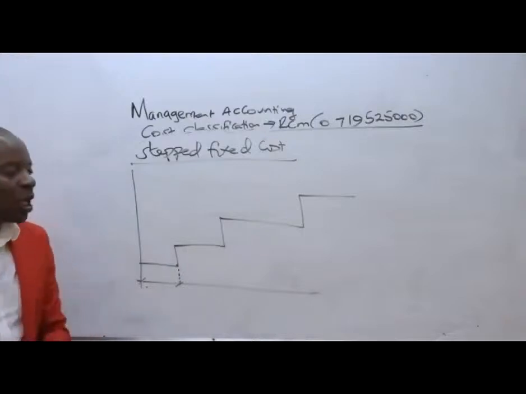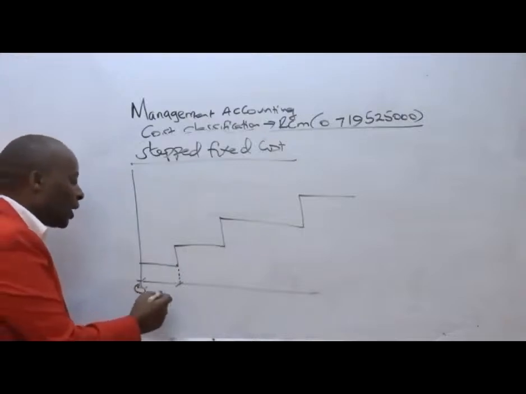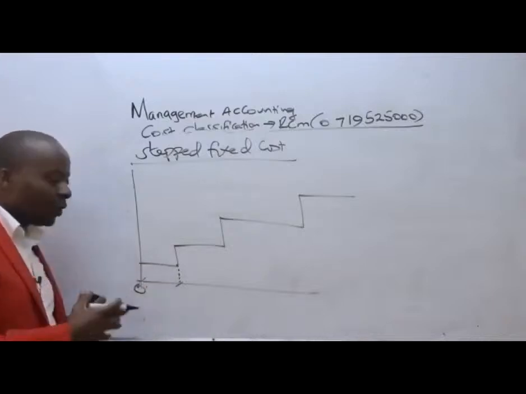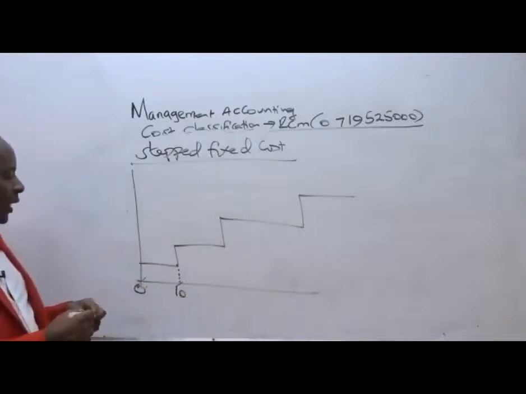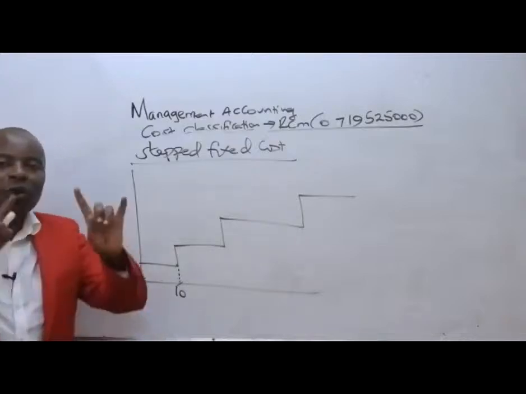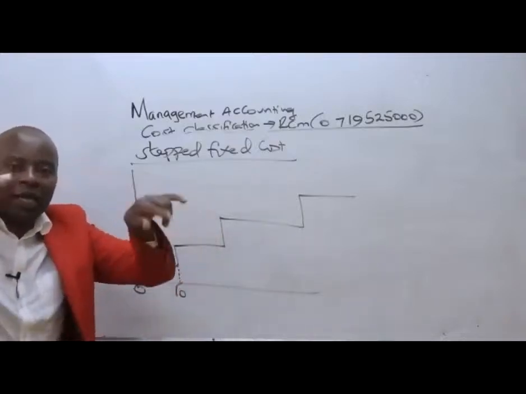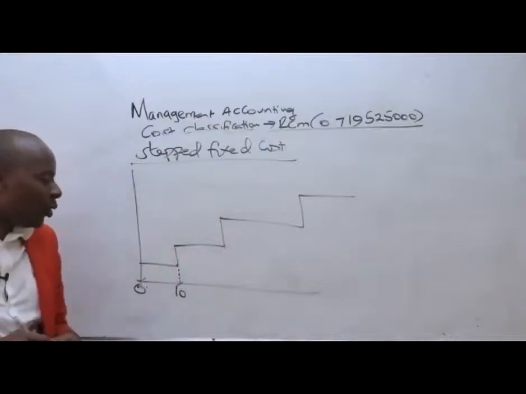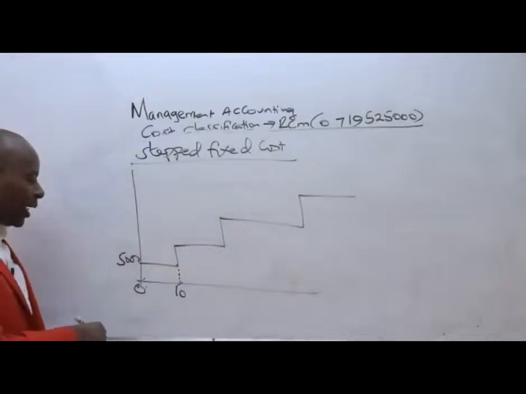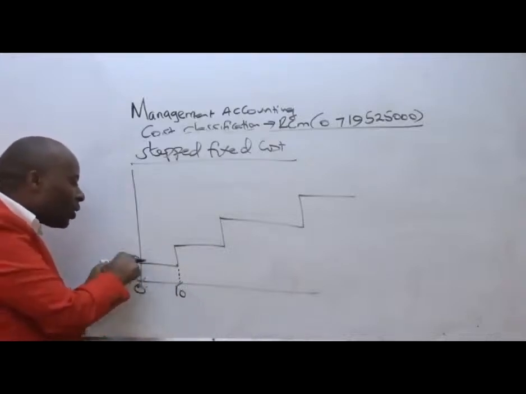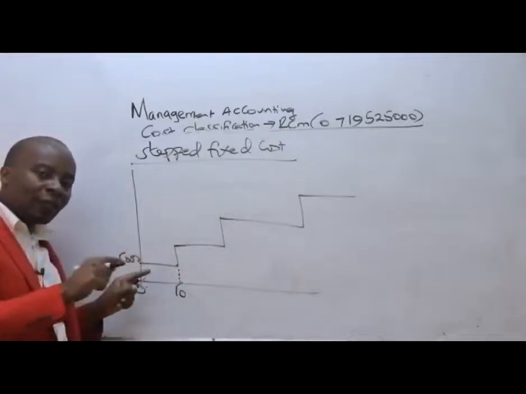For instance, we could have a very good scenario with our landlord, where we tell our landlord that for the first 10 students that we are going to have, we only need one room, a small room like this, where you're going to be charging us, for example, 5,000 Kenya shillings. Meaning that for this range, I'll be constantly paying on a monthly basis 5,000 shillings.